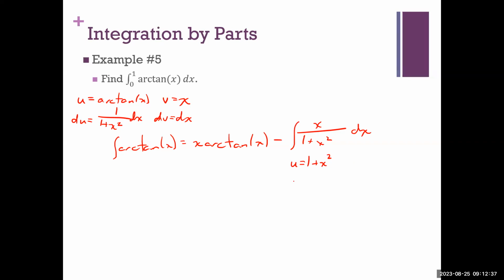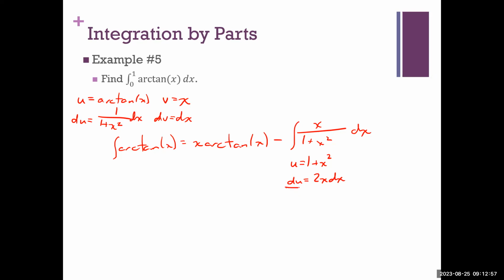What does that make du? 2x dx. Will those two things alone help me do integration by substitution on that integral? You divide the du by 2. Yeah, divide du by 2. Good.